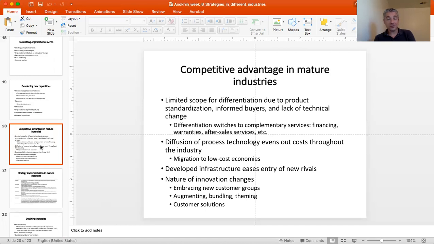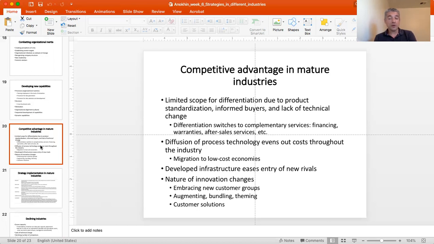At this point, it's a good idea to switch to cost leadership strategy if you can. If you still want to pursue differentiation, the differentiation switches to complementary services, things like finances, warranties, after-sale services, and things of that nature.